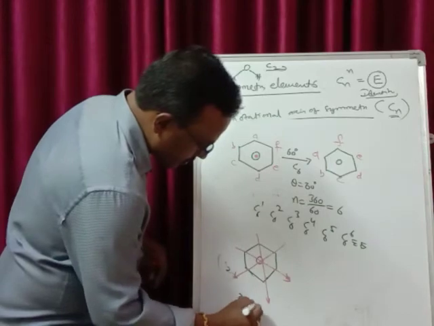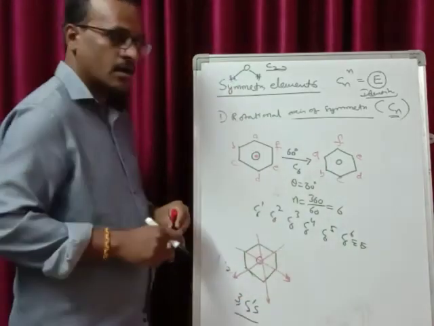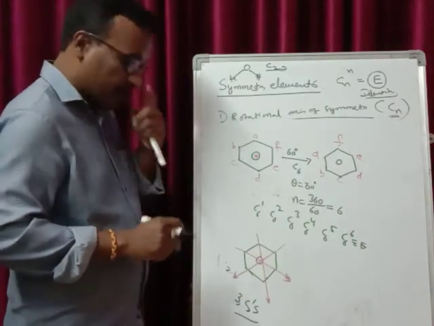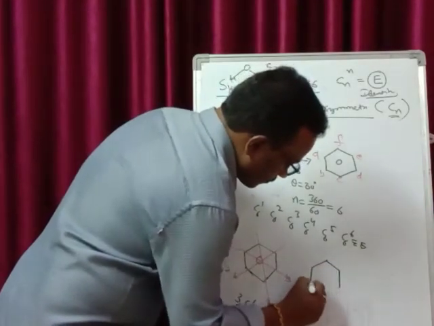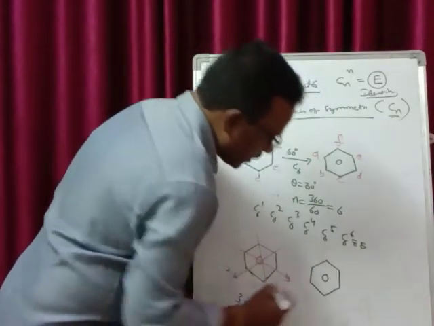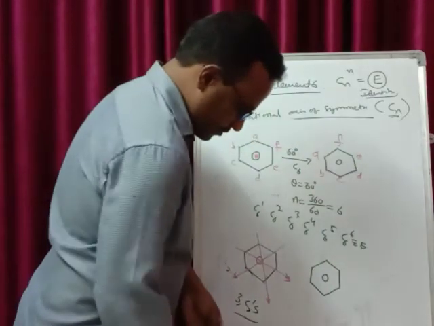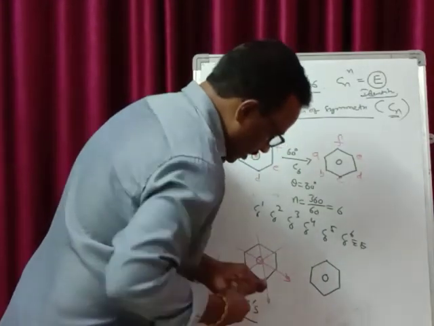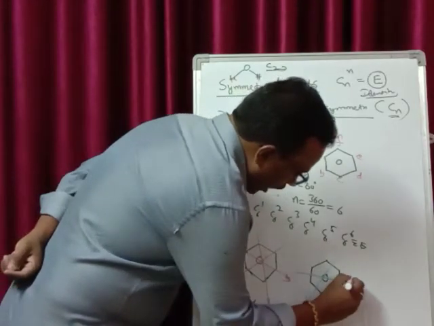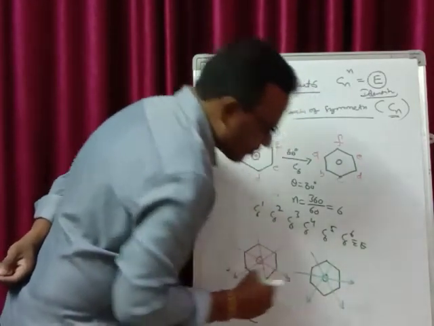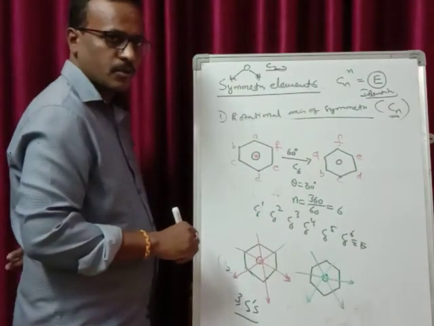3 C2s passing from the opposite corners, and it also has another 3 C2s. Here the 3 C2s are passing from the opposite edges like this. The other 3 C2s are passing from the opposite edges.